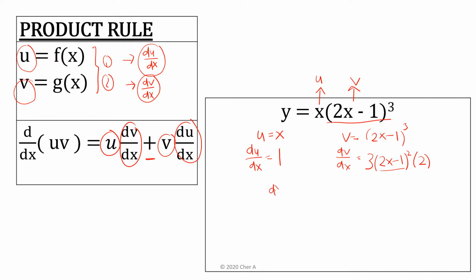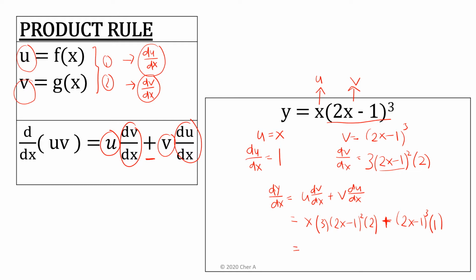Alright, so using the product rule, u dv over dx plus v du over dx will be equal to u, which is x, dv over dx is 3(2x minus 1) squared multiplied by 2, plus v, which is (2x minus 1) to the power of 3, and my du dx is 1.